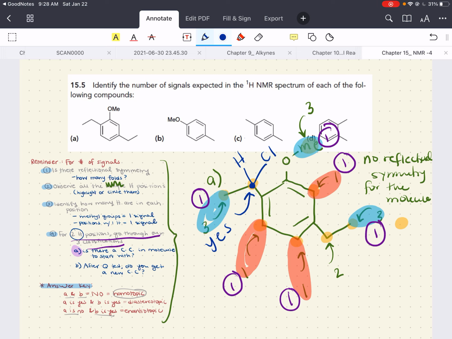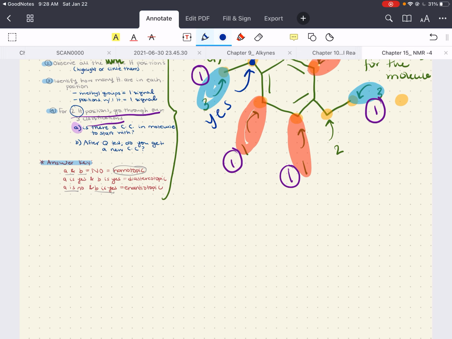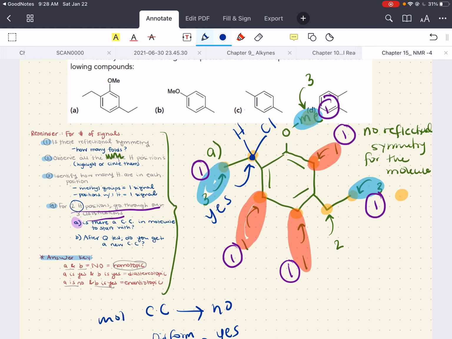All right, is there any other chiral center in the molecule? We formed a chiral center. Yes. Did we form a chiral center with our Q test? Yes. Is there a chiral center to begin with? Does your molecule have a chiral center in general? No. So the molecule has no chiral center to begin with.